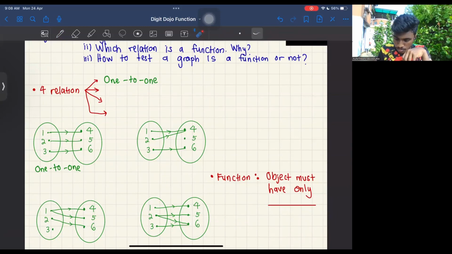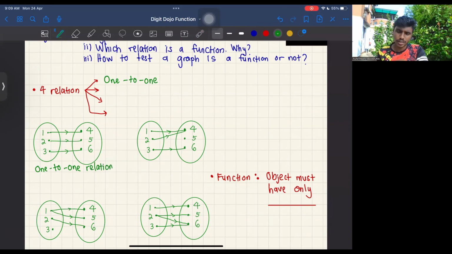So from one object it's mapping into one image, it's known as one to one. You can check all the objects are going to one image each, so it's known as one-to-one relation. So that is one to one.